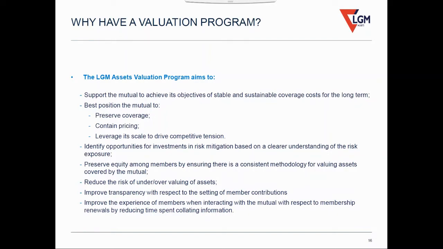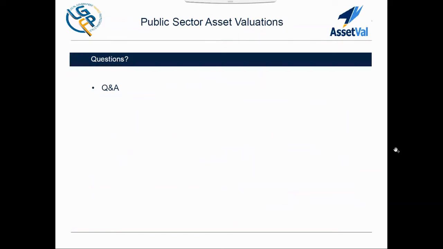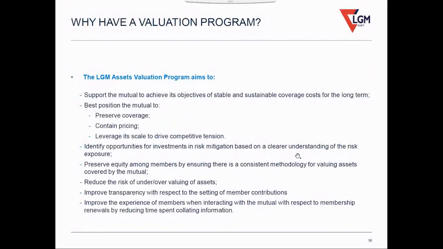And we can use this information to start to leverage scale to drive competitive tension, engage the full breadth of the market on behalf of members, and do that in a way where we are a market maker rather than just a price taker. So using that information to remove any assumptions. So that's probably all I really wanted to touch on in terms of the insurance piece today.